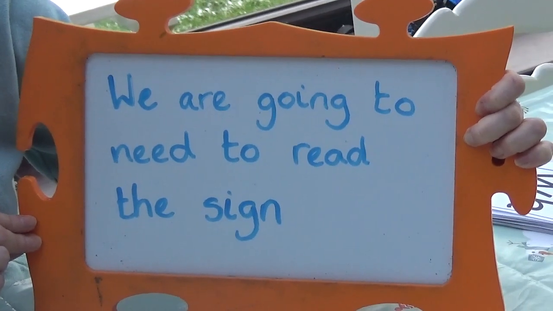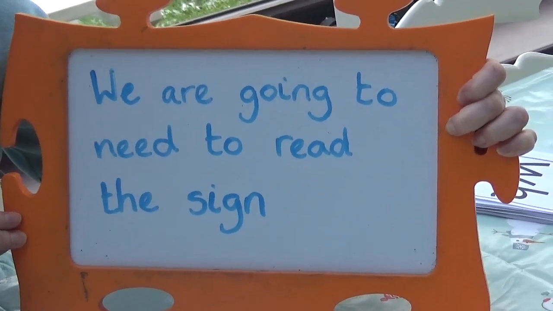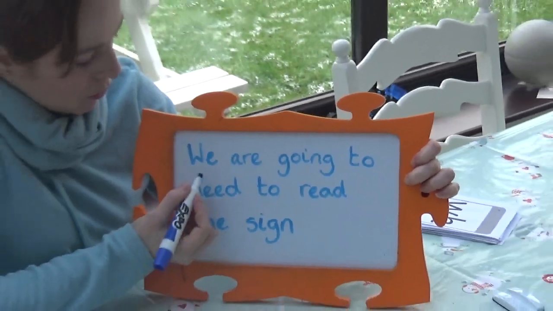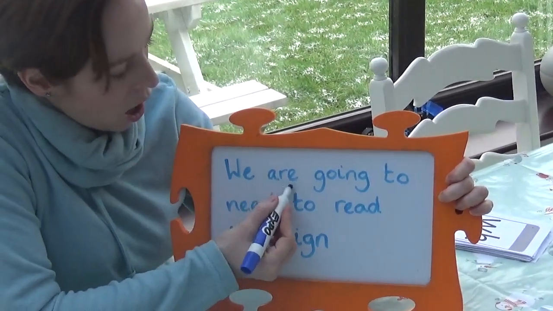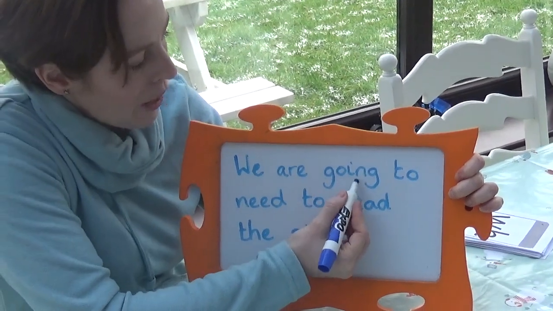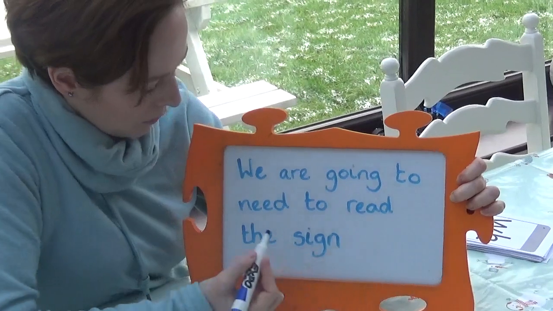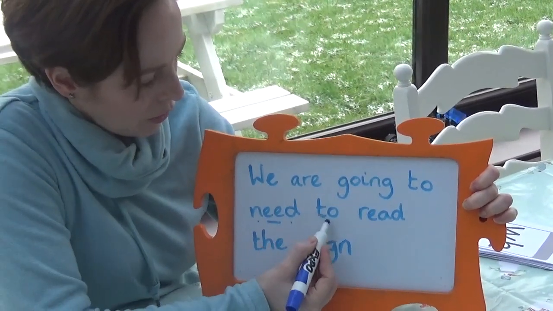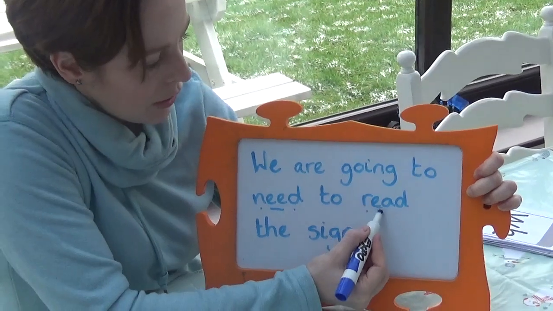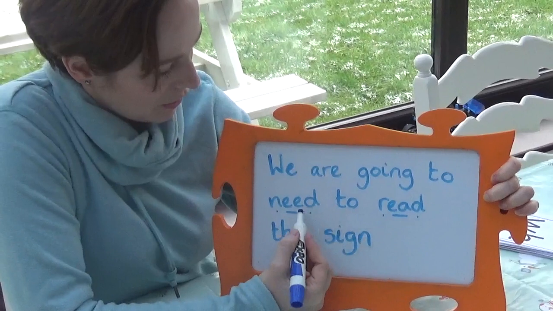Okay. And I'm going to read it out with you in 3, 2, 1. First word. We are going. So our spelling word, remember? Going to. Need. To. Read. Look at that. E is the same. E, different ways.